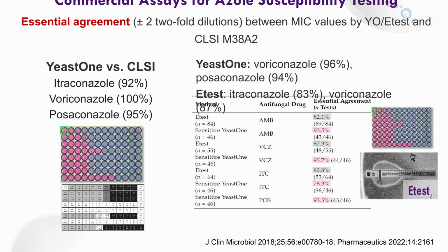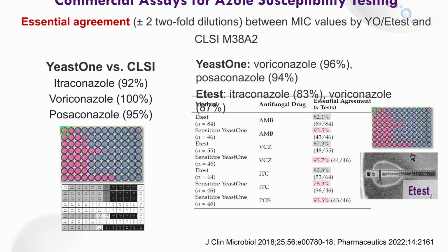But because EUCAST and CLSI reference methods are laboratory intensive, it is practical to have some time-saving alternatives for Aspergillus MIC testing. Two commercial assays, Sensititre YeastOne microdilution plate and E-test strip, can be used as easy to perform alternatives for MIC testing.